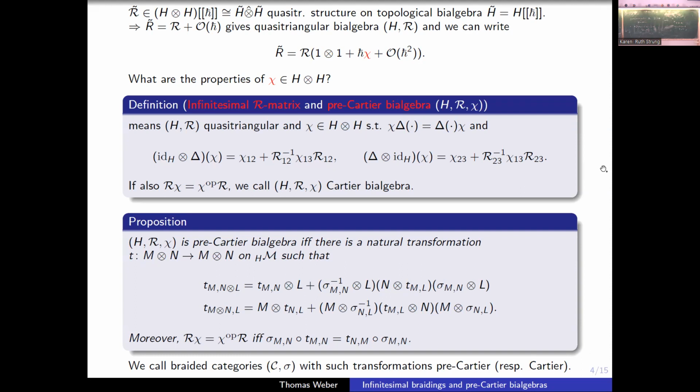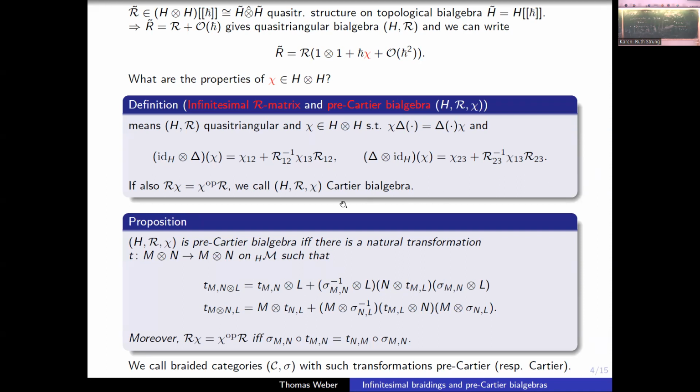And this you can think of as some kind of R-twisted primitivity of the tensor legs. Yeah, we will look at this later, and understand how to realize this as some primitivity.